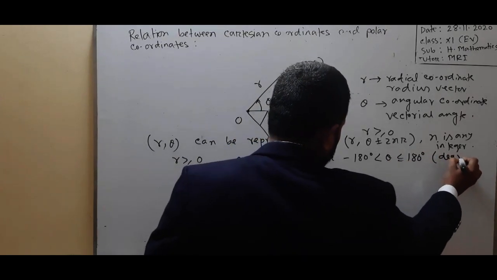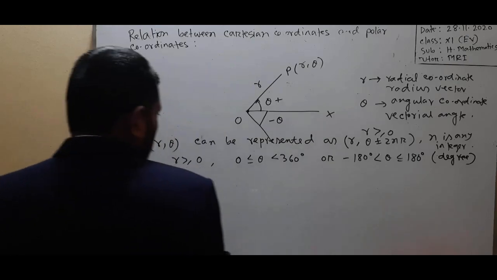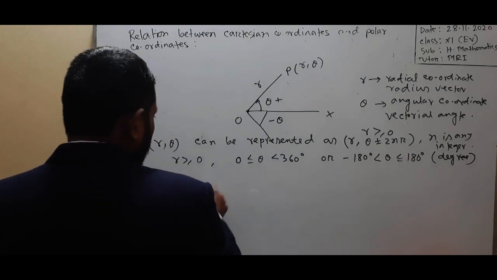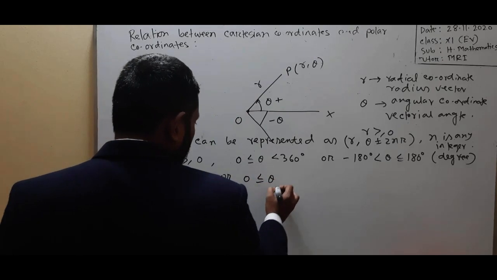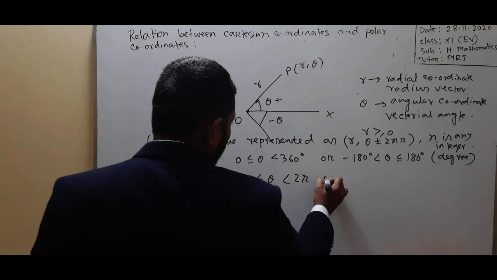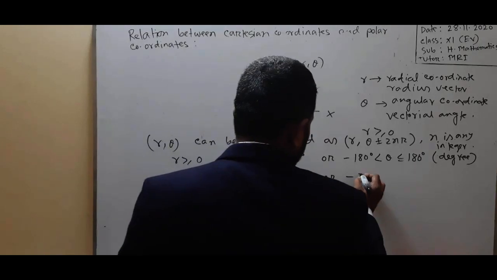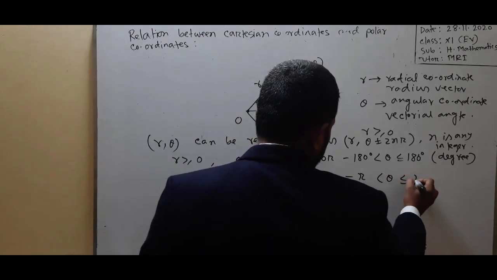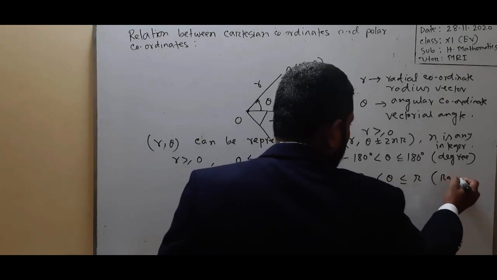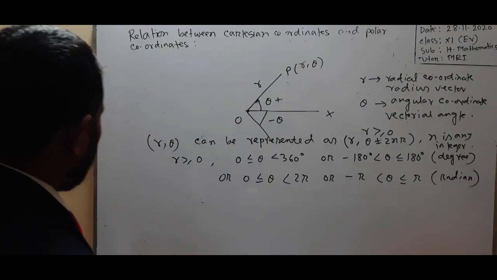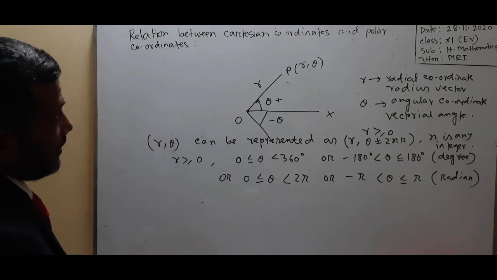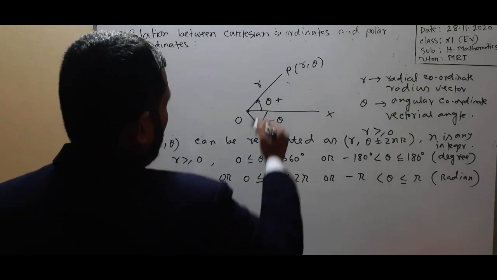This is the degree system. In the radian system it may be 0 less than or equal to theta less than 2 pi, or minus pi less than theta less than or equal to pi. This is the radian system.